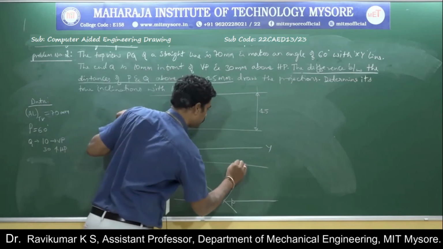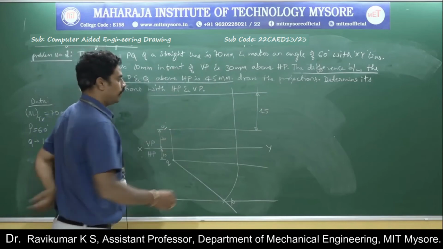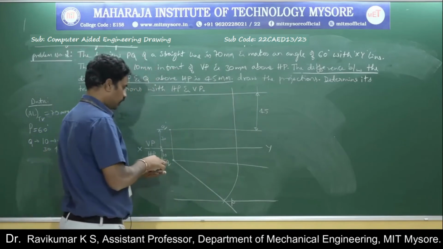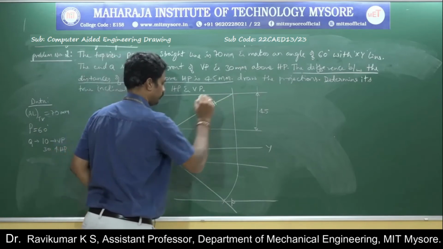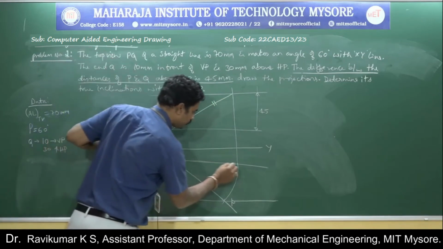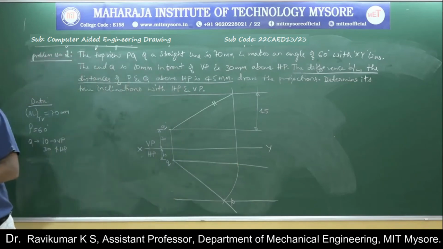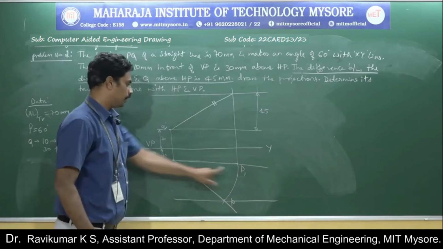From this you just project to the front view. When this projector touches the locus, you will get this point. If you join these two, that will be the true length of the line because it is appearing parallel here. Observe these two points, Q and P1.